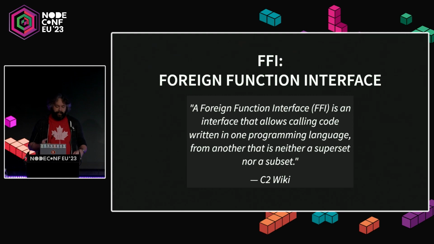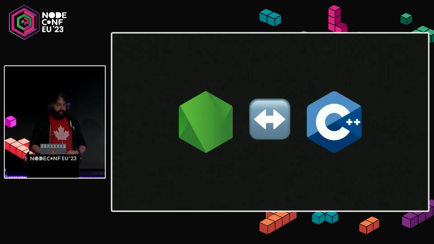So we're not talking about like calling JavaScript from TypeScript or something like that, right? We're talking about two completely different languages, right? So primarily in Node, we're concerned with calling C++ or Zig or C or Go or any other native language from Node, from inside the JavaScript engine.